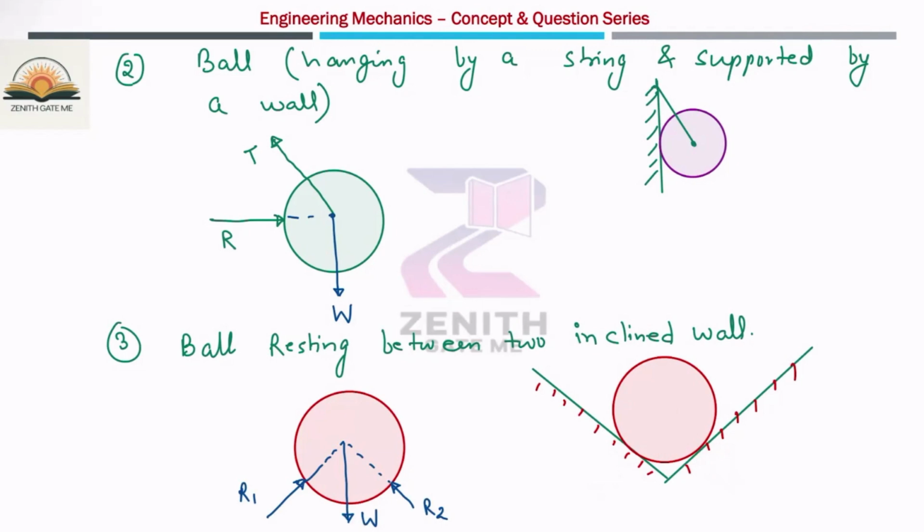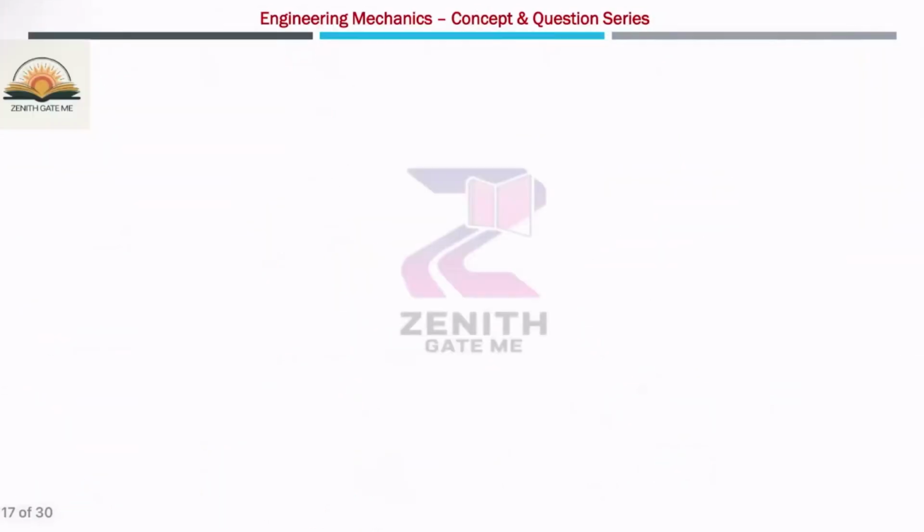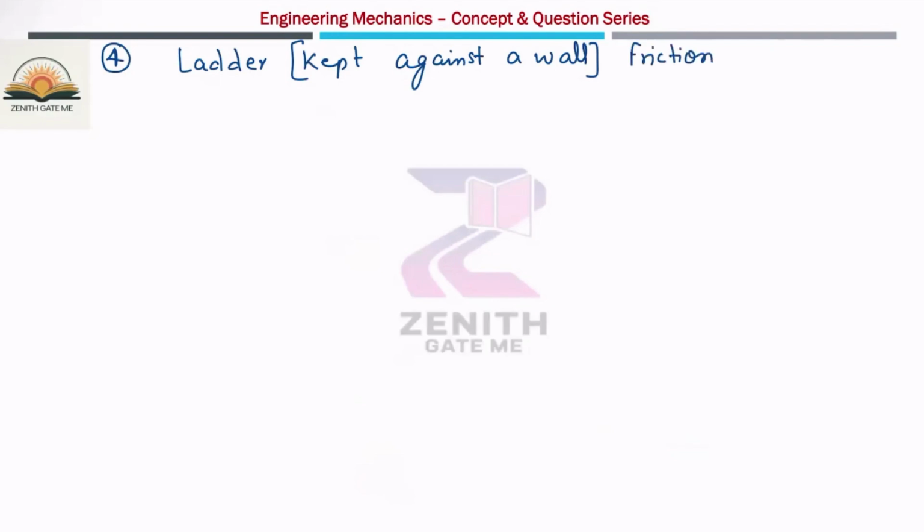Now, the fourth example I'm taking is a ladder which is kept against a wall, and I'm also considering the friction which exists at both the wall and floor.